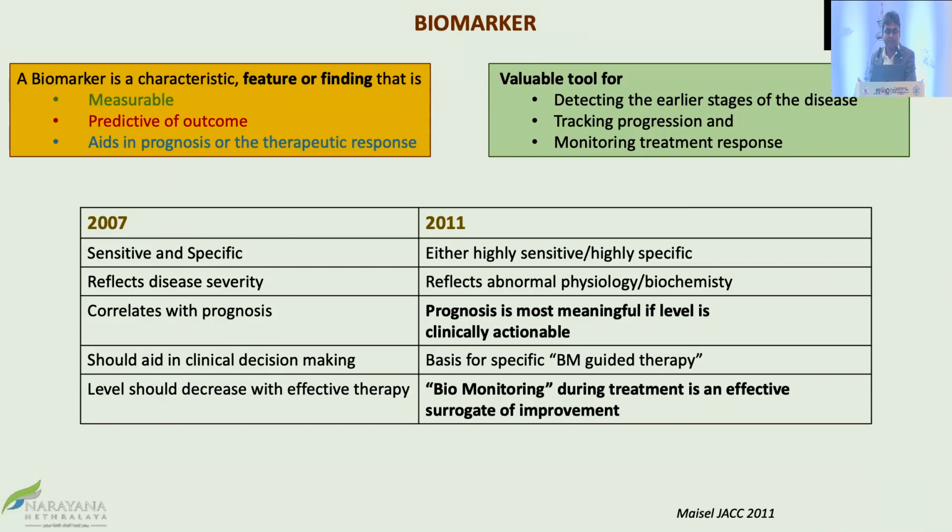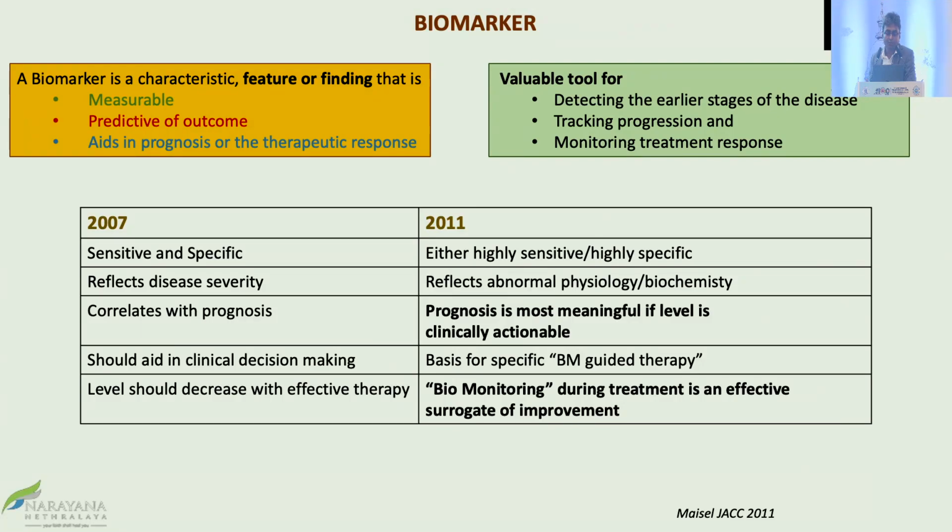A biomarker is a characteristic feature or finding that is measurable, which is predictive of outcome, and it aids in prognosis of the therapeutic response. It's a valuable tool for detecting the early stages of the disease, tracking progression, and monitoring treatment response. So even the needs and the requirements of the biomarkers have changed over a period of time.